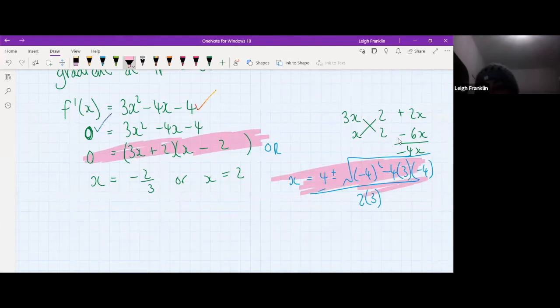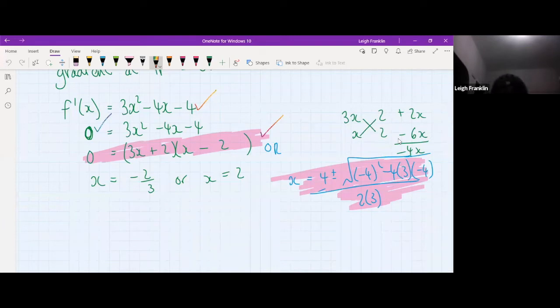Okay, one or the other. But if you aren't good at factorizing, don't stress yourself out about it. Just use the quadratic formula. A lot of the time there is a mark on this line, an accuracy mark. So if you are using factors and you leave off the equals 0, they will penalize you for that. So be very careful there. Do not leave off the equals 0.